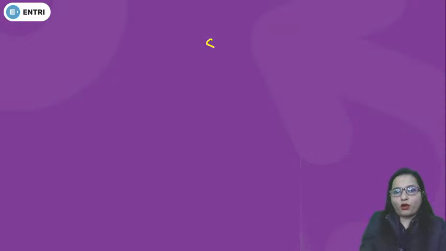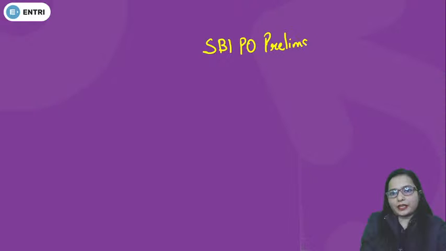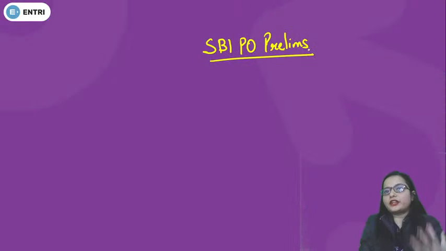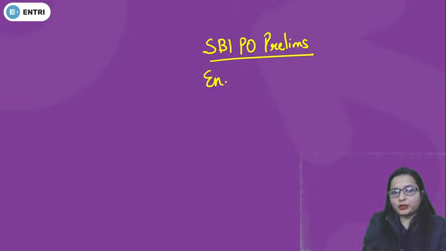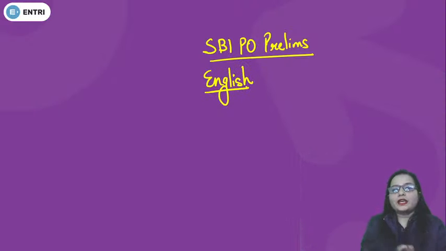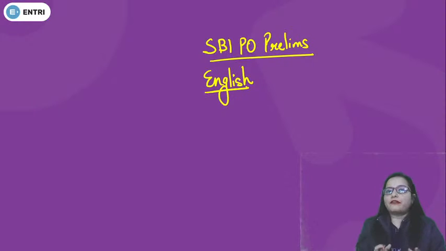I want to give you some more information about this examination. As we all know, SBI PO prelims is based on 3 sections, three different kinds of question papers, and in today's session we are going to talk about the English section. The English section is divided into 3 parts.